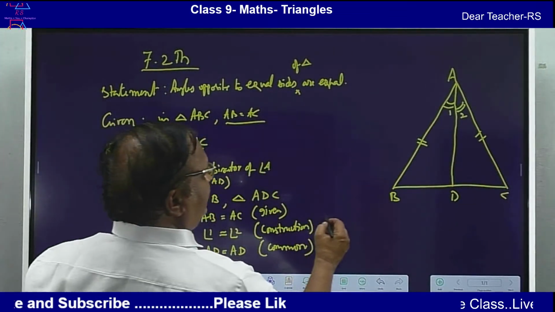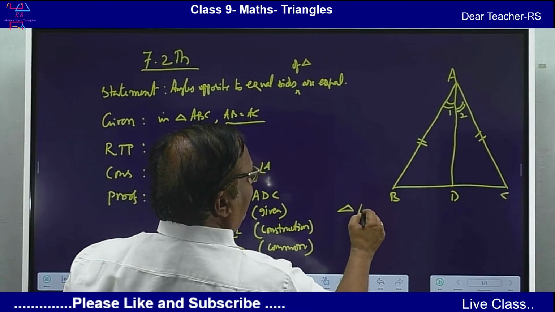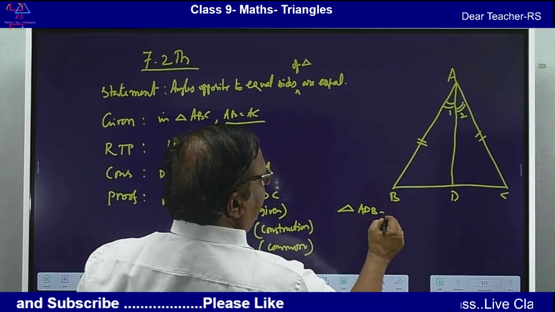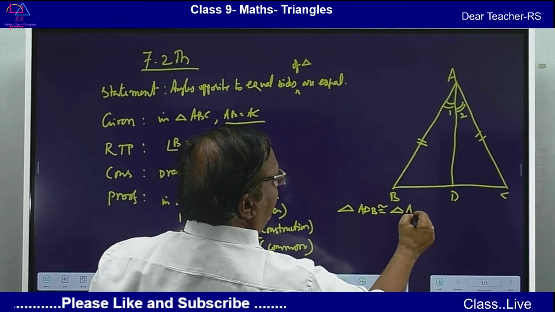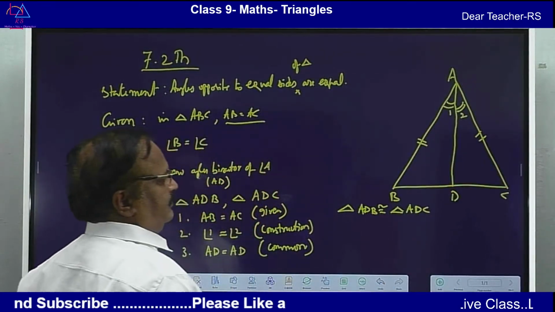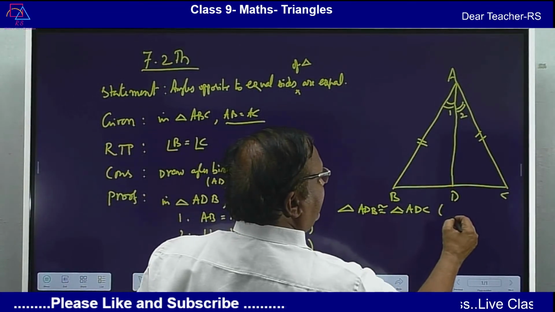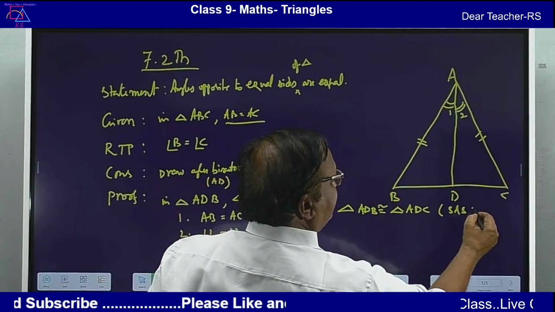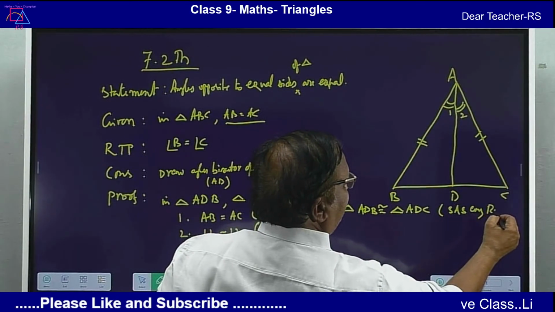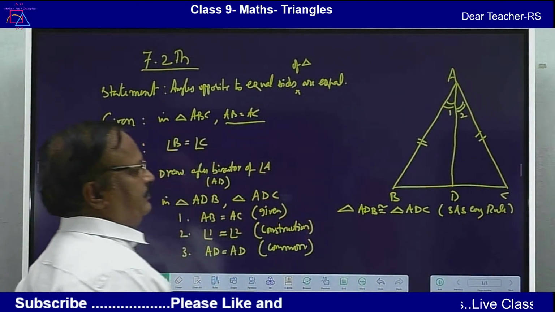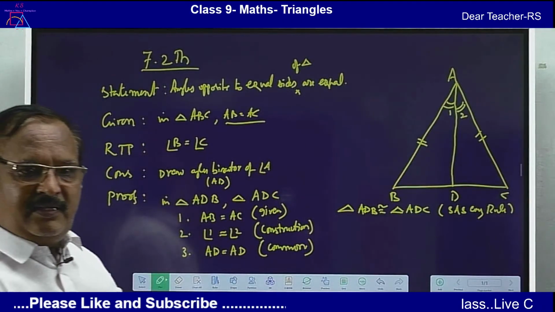Three parts. So AB is equal to AC, angle 1 is equal to angle 2 and AD is AD. So therefore, triangle ADB is congruent to triangle ADC. So this is by which property? SAS congruency rule. Okay.